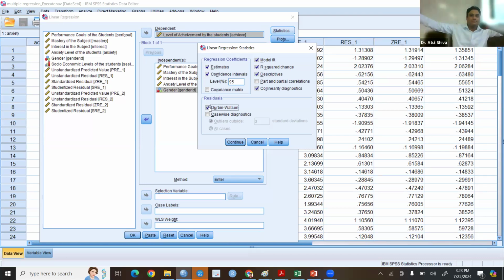The total range is 4. The 2 is supposed to be the ideal value, which will state that there is no problem of autocorrelation even in my cross-sectional data. Right? Fine.